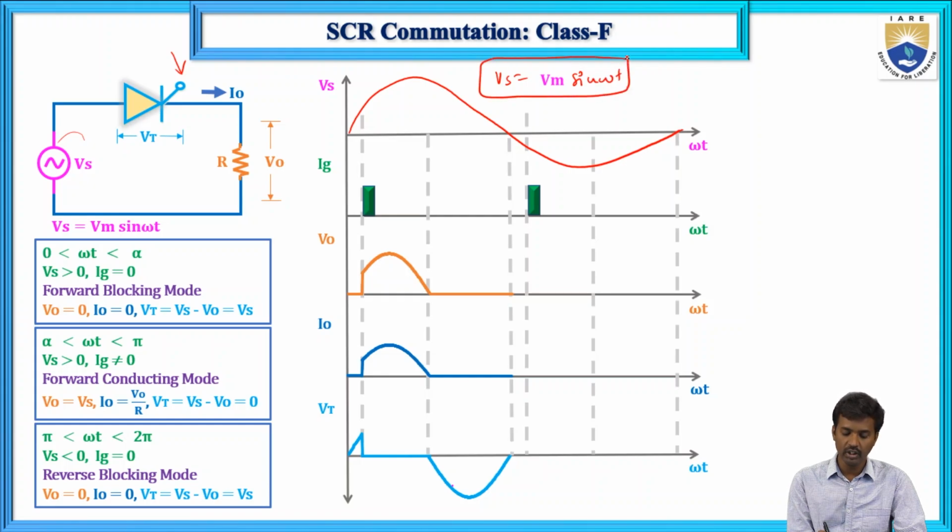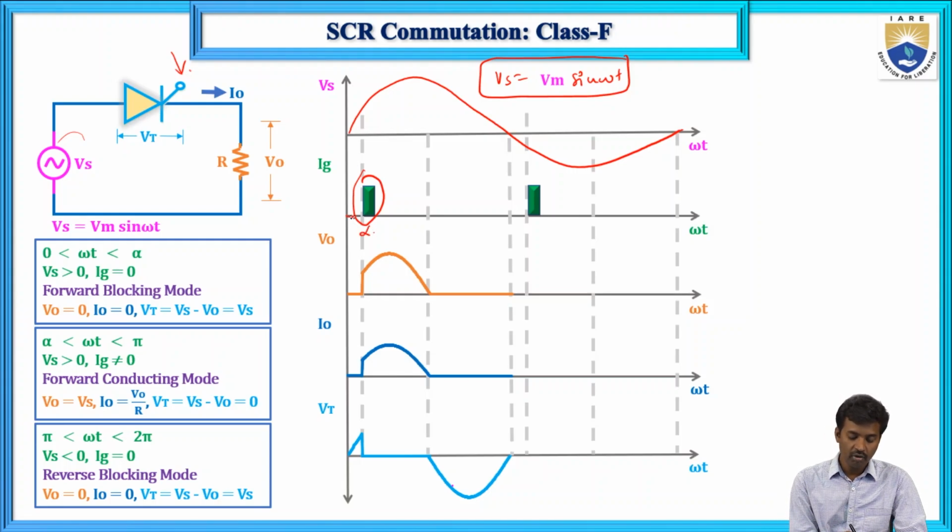This is the equation. So we are giving a single phase AC sine wave supply to this SCR. Now fire Ig, the gate pulse. Suppose I am giving it at alpha.